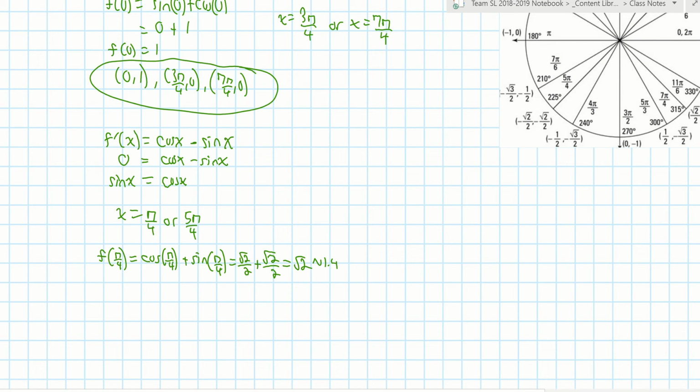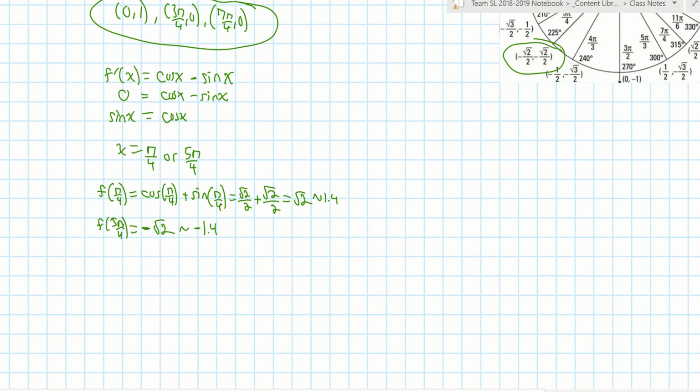Okay. And then the same thing now. F of 5 pi over 4, which is cosine 5 pi over 4 plus sine 5 pi over 4. So what does that turn out to be? Negative root 2. Negative 1.4. So when you graph the minimums and maximums, you'll know exactly the point.